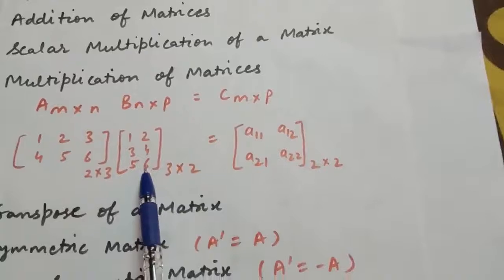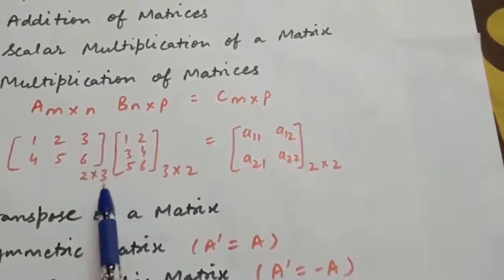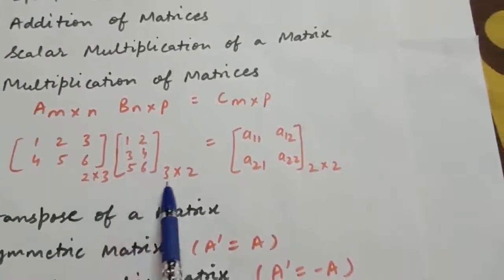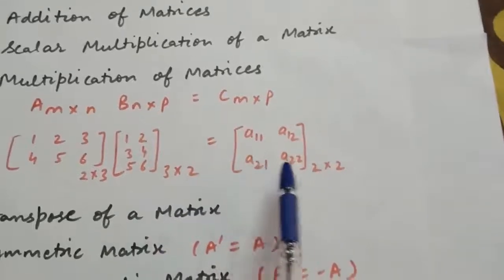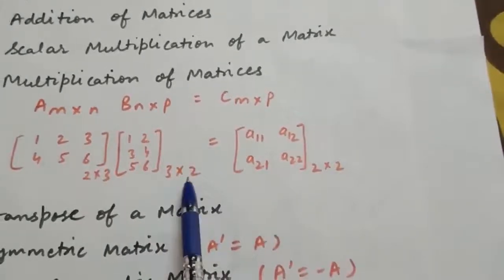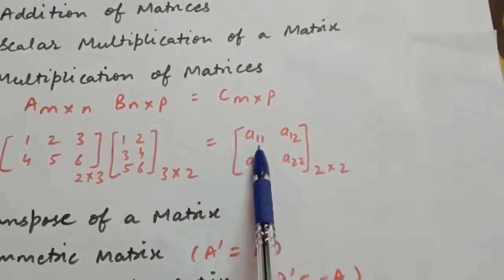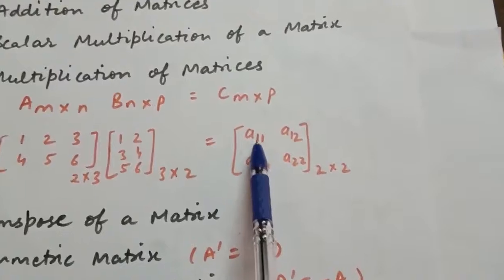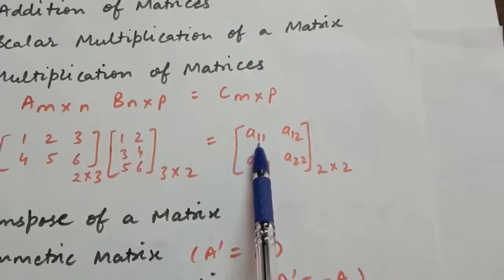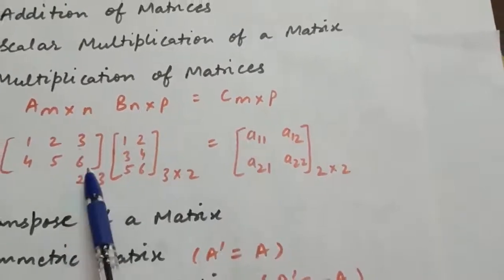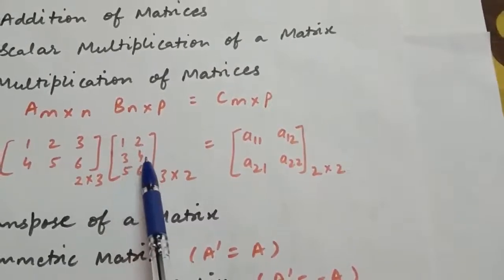Suppose this is the matrix A, this is matrix B, so the product is defined because number of columns is equal to the number of rows, and the resultant matrix will be 2 cross 2. And how to get this first element? This is A11, so multiply the corresponding elements of the first row of the first matrix with the first column of the second matrix.